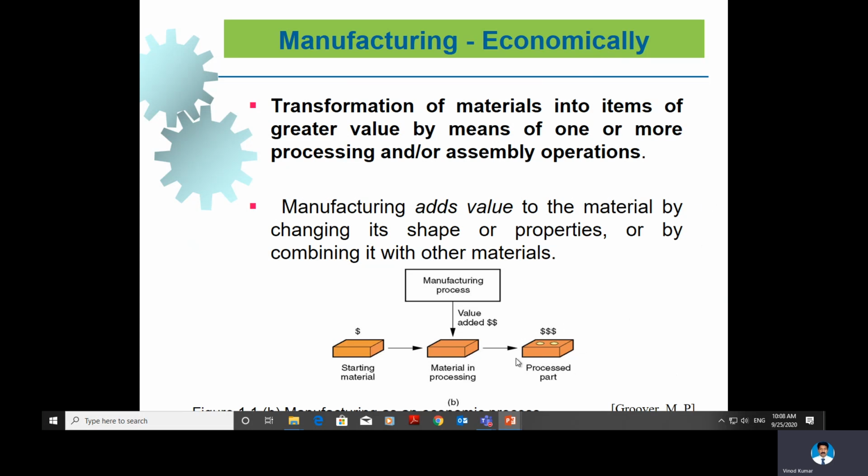So the final finished product will have added value. The incoming starting material or raw material is converted into a final finished product by using a manufacturing process. So we are adding value to a product or to an item to produce a final finished product.